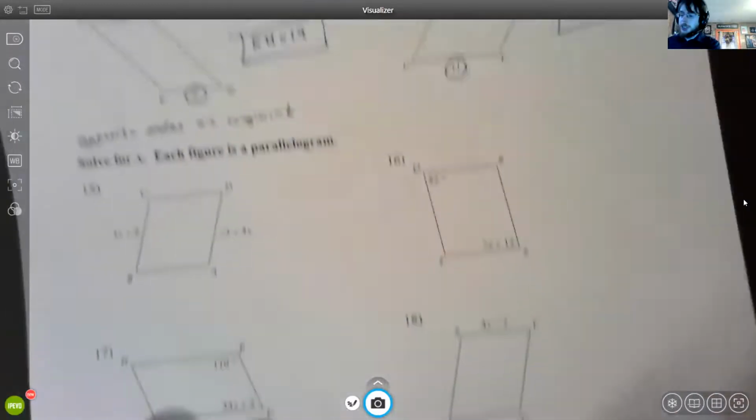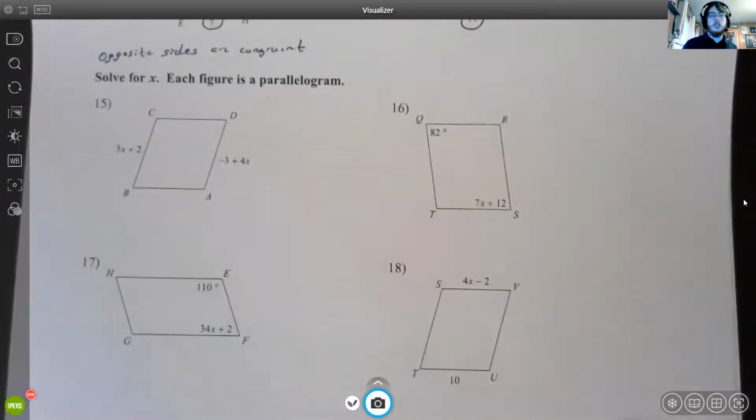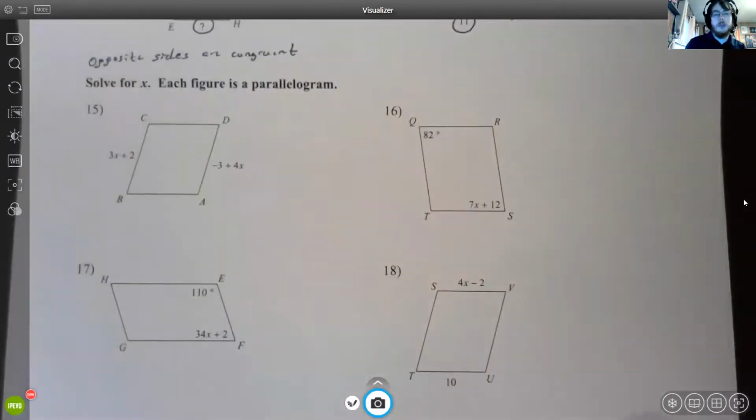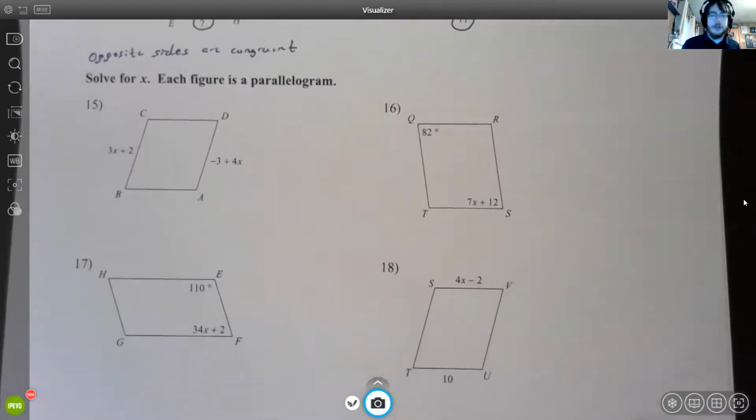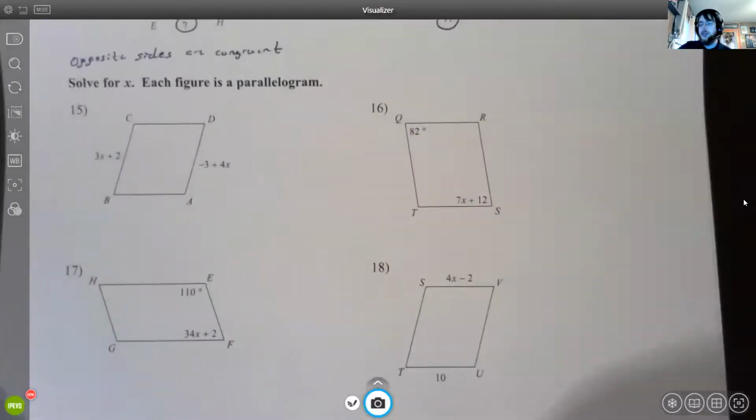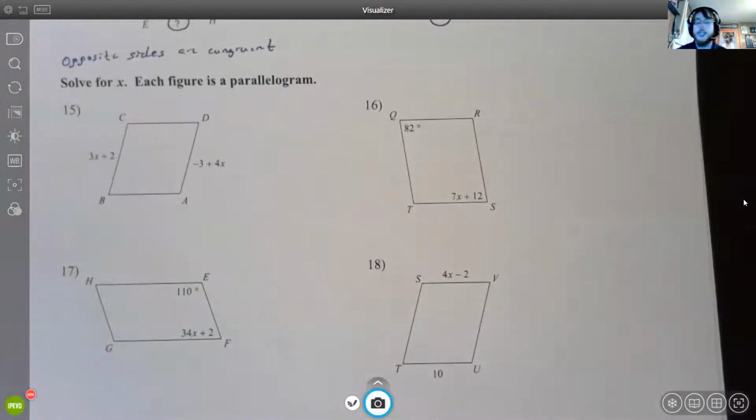All right. Number 15 through 20, we're going to be applying all of those properties we just did, but we're going to be solving for x here. So the important thing here is that you need to make sure that you set up your equation correctly on each one of these.